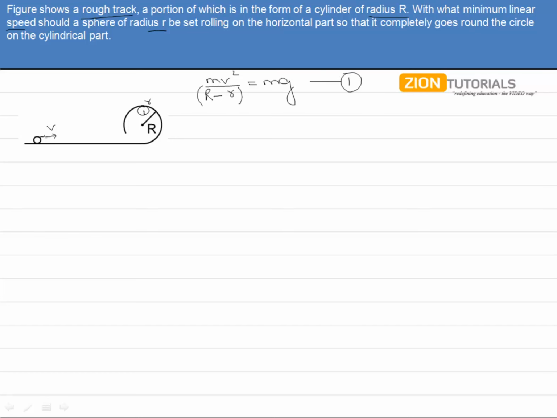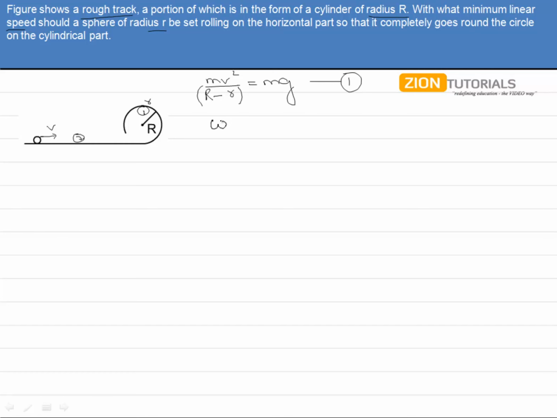Now if this ball is being thrown with a velocity of v and it will be having a rotational motion over it like this, there will be no friction acting over the ball.